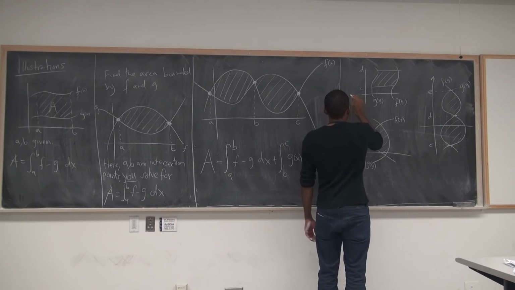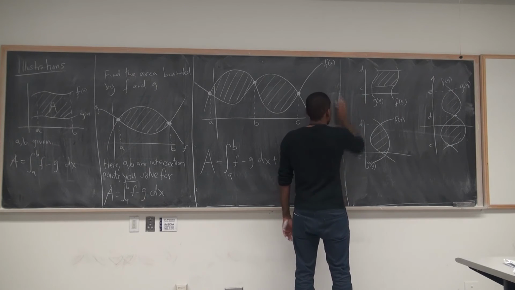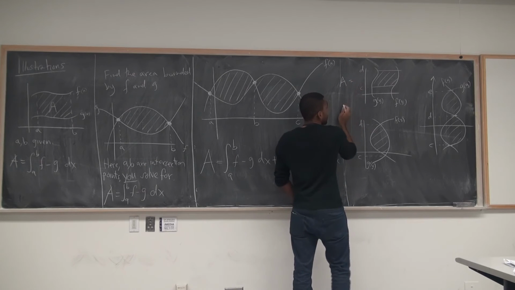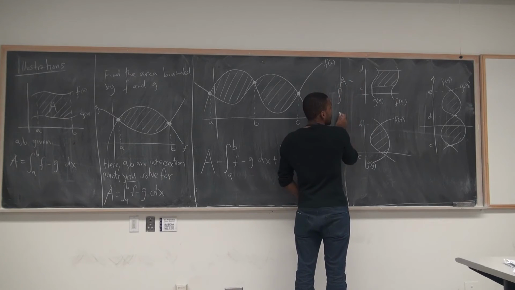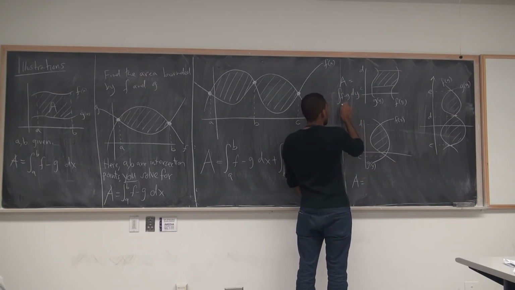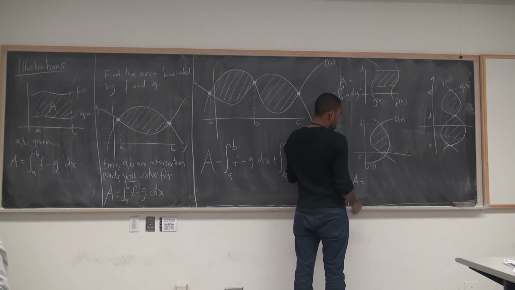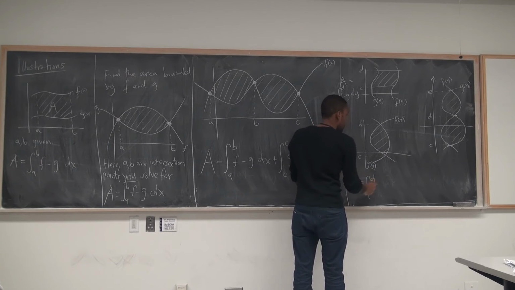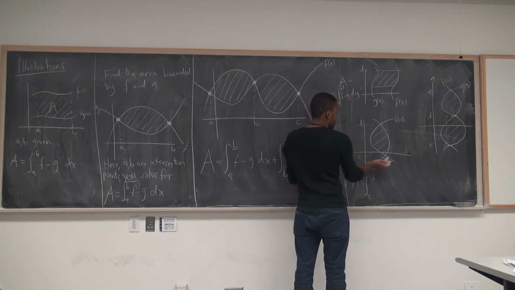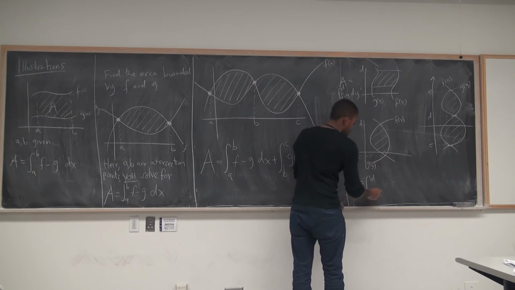So my area for this one would be what? F minus G. Right minus left. So it's F minus G dy, right? This is, of course, from C up to D. This would also be from C up to D. What is it? G is the function on the right, right?